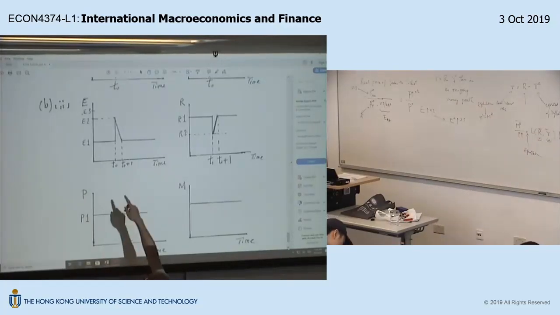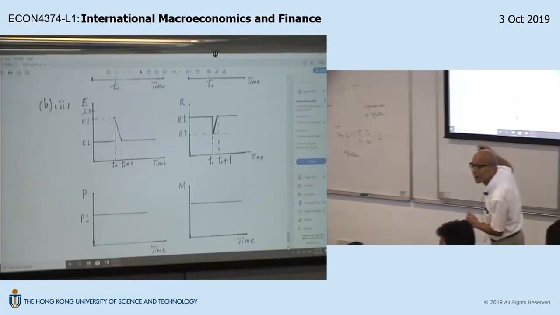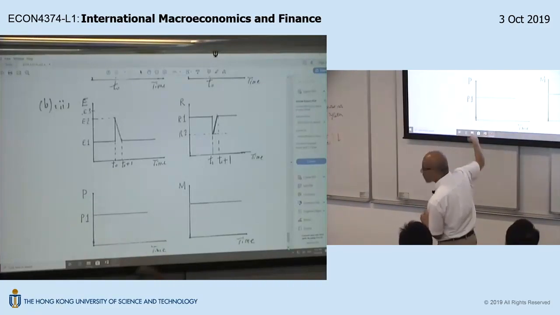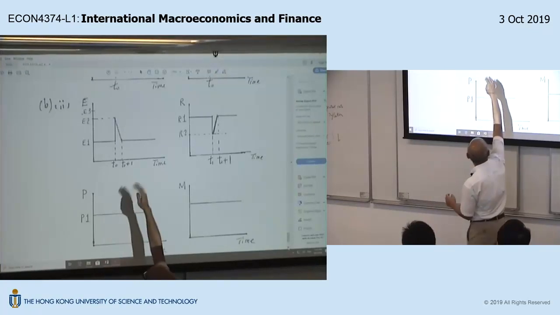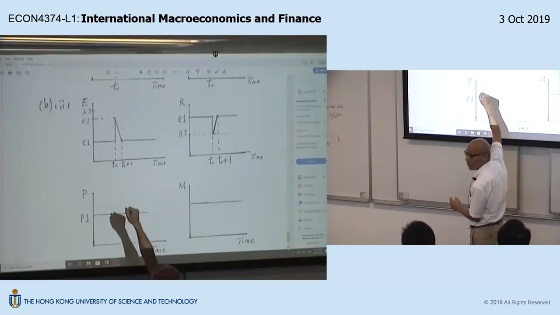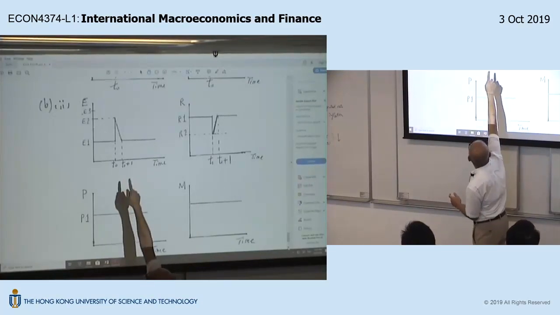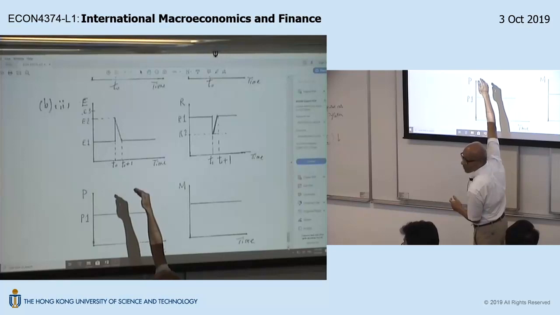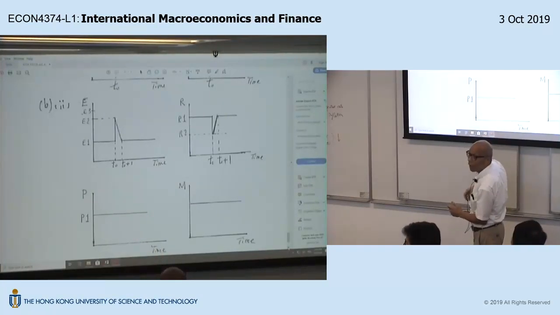Are you talking about this downward sloping part? Why is it downward sloping but not flat and then all of a sudden down?